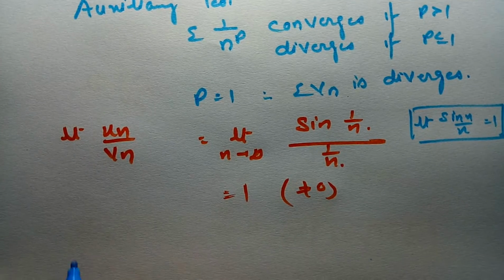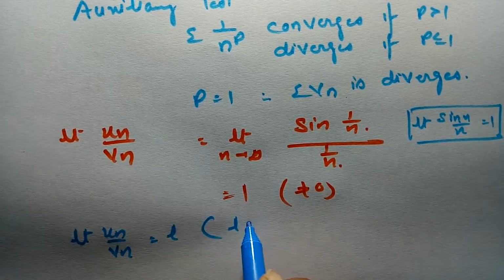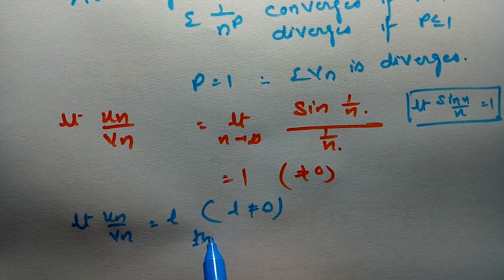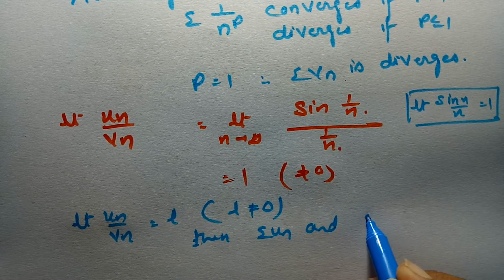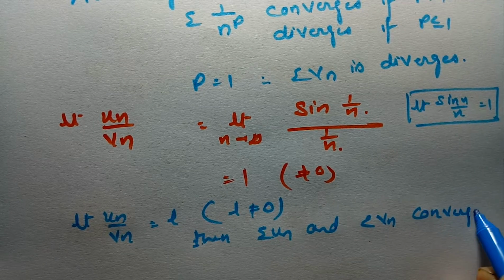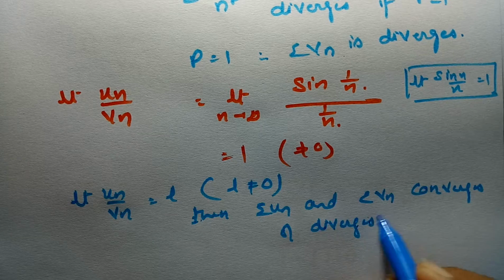So according to our comparison test, limit of Un by Vn is equal to L, for L not equal to 0, then sigma Un and sigma Vn both converge or diverge together.